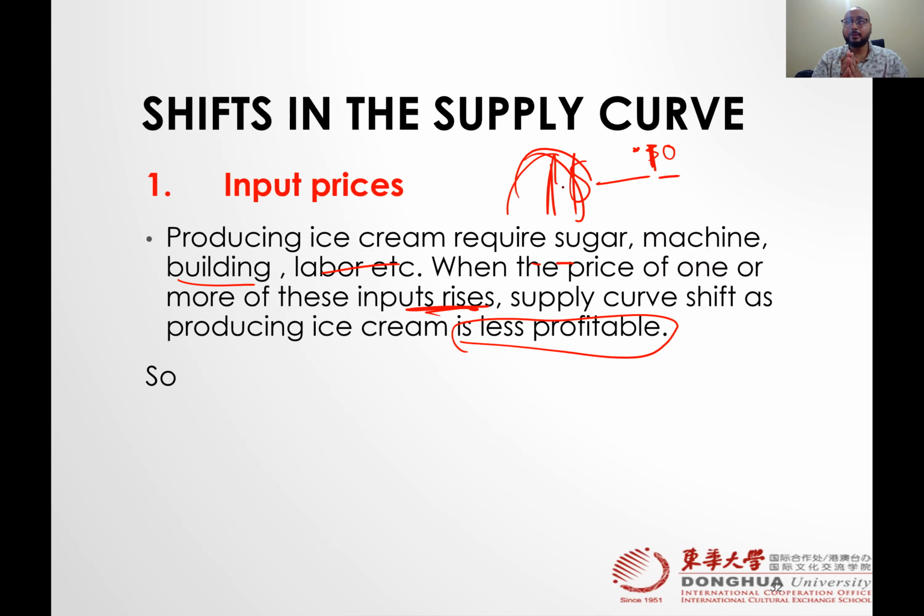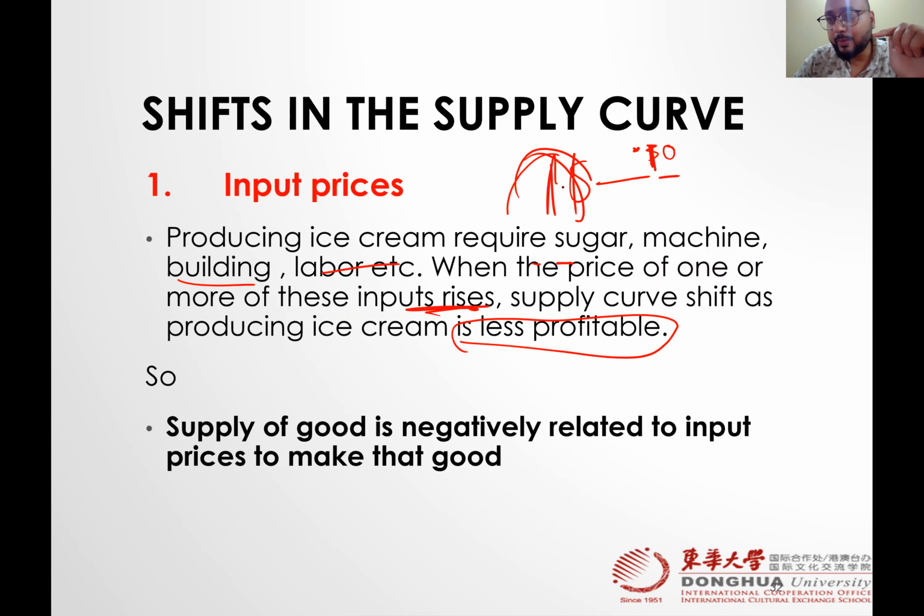So the supply curve shifts to the left, right? We can say that supply of a good is negatively related to input prices. Remember, this is not the price of the ice cream, this is the price of sugar. Many students get confused. This is the price of raw material, okay?